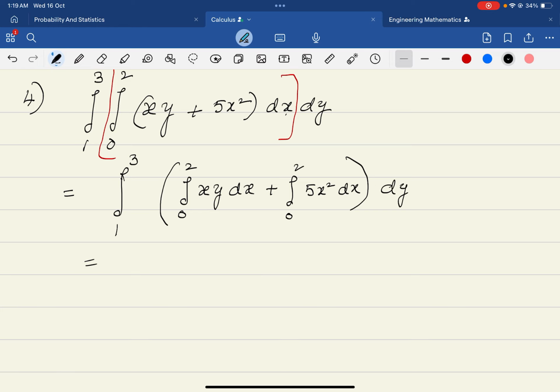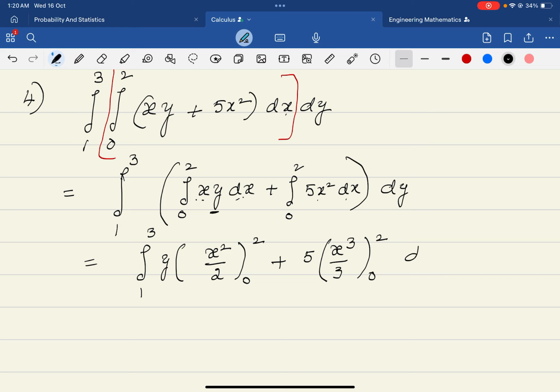Now what we get here? Integral 1 to 3. In this integral, what has to come out? The value y is a foreigner because you are integrating with respect to x. So y comes out, and then integral 0 to 2 x dx, which is x square by 2 within the limits 0 to 2, plus 5 comes out, integral x square dx will be x cube by 3 within the limits 0 to 2, dy.